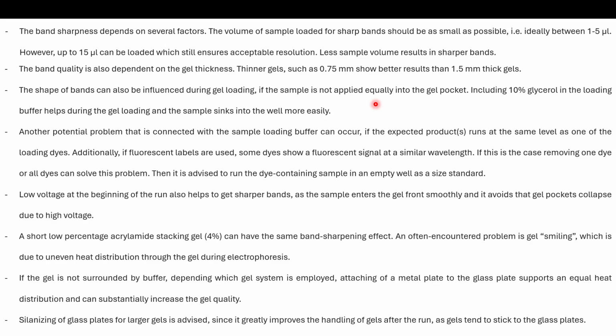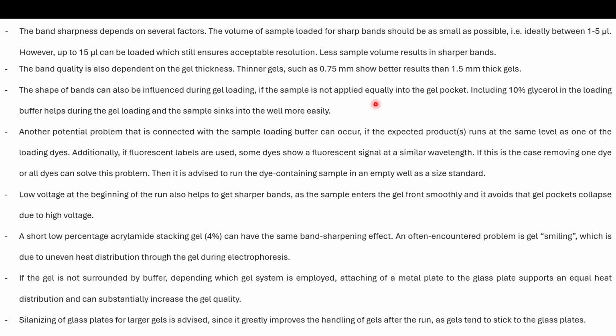By that time, another sample loaded in another well, which might have a really small amount, or has settled really well at the bottom of the well, will start moving immediately. So this is one of the reasons we talked about in SDS-PAGE, to have a stacking gel first and then the resolving gel, so that all these samples are almost at the same starting line, so that the race can start.